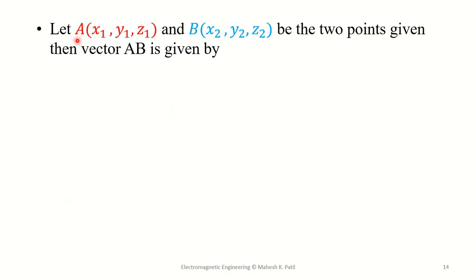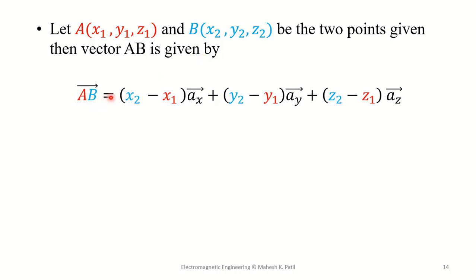Now consider a point A having coordinates x1, y1 and z1, and a point B having coordinates x2, y2 and z2. These are the two points. How can vector AB be written?